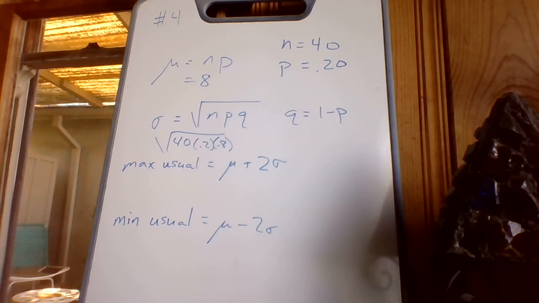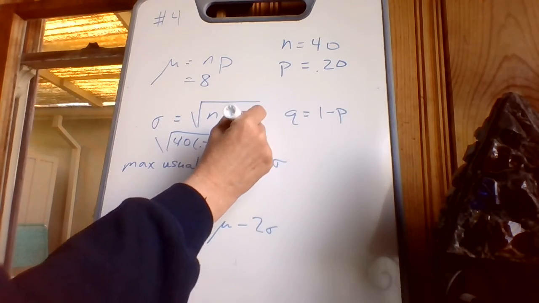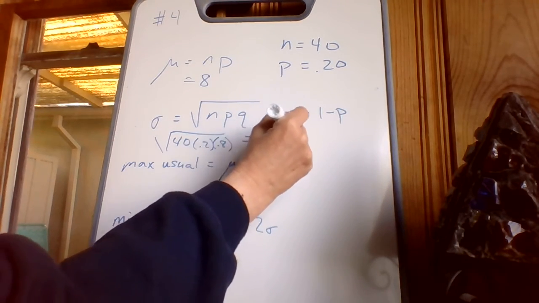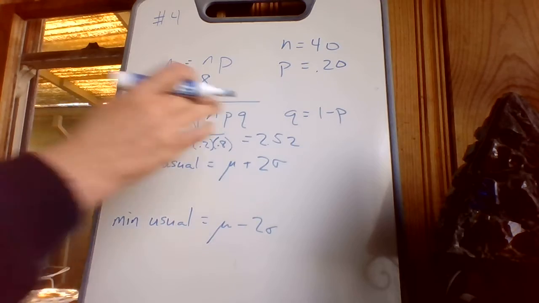So that's success and failure. All right, multiply those out. Okay, and then take the square root of that. 2.52. No, let's round it up to 3.